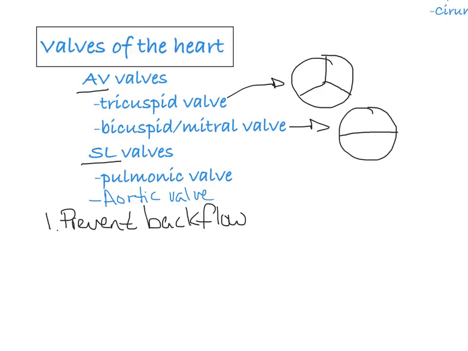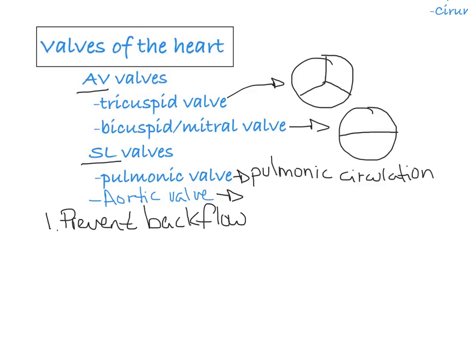These semilunar valves are going to be between a ventricle and one of the circulations. Okay, so you have the pulmonic valve, and this guy is going to open up into the pulmonic circulation. It allows blood to flow into it so that we're headed towards the lungs. And the next valve is the aortic valve.